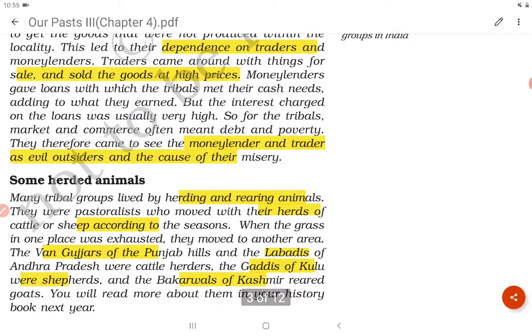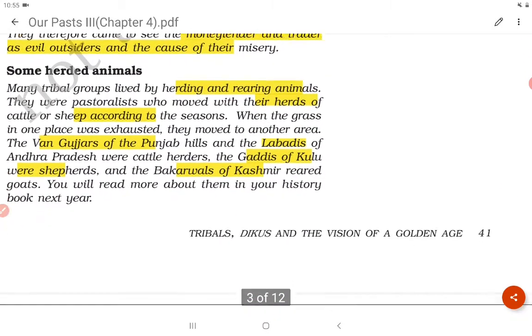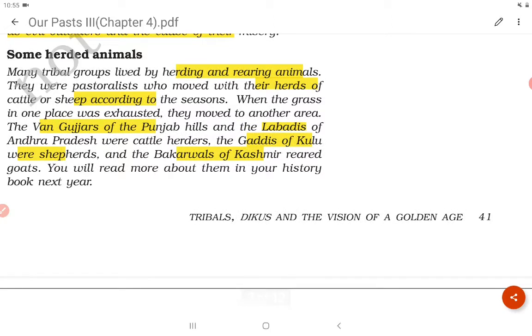Some herded animals. Many tribal groups lived by herding and rearing animals. There were pastoralists who moved with their herds of cattle or sheep according to the seasons. When the grass in one place was exhausted, they moved to another area.